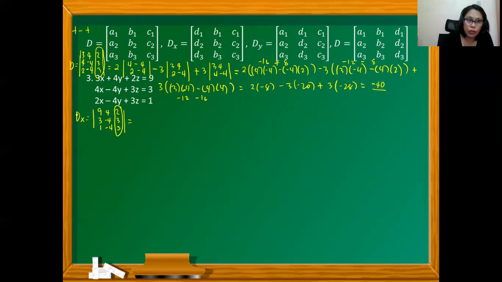So we're going to consider again the sign array positive, negative, positive. So we'll eliminate the first row and the last column. So we have 3, negative 4, 1, negative 4, and then minus 3 times 9, 4, 1, negative 4. And then plus 3, there remains 9, 4, 3, negative 4.